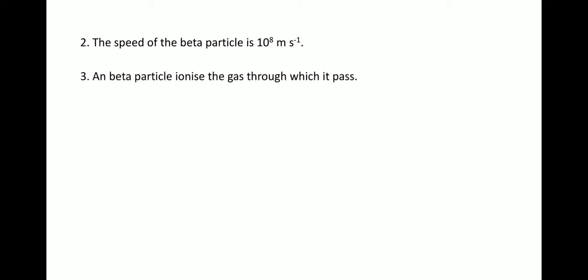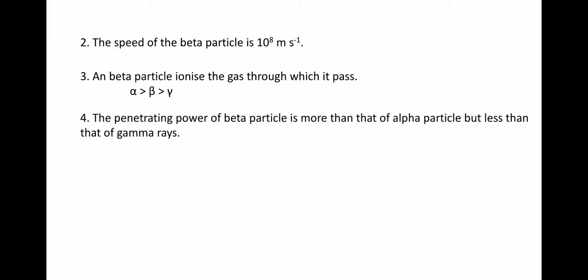A beta particle ionizes the gas through which it passes. Now the ionizing power of alpha, beta and gamma, as already mentioned, alpha has more ionizing power than beta and gamma. The penetrating power of beta particle is more than that of alpha particle but less than that of gamma rays.